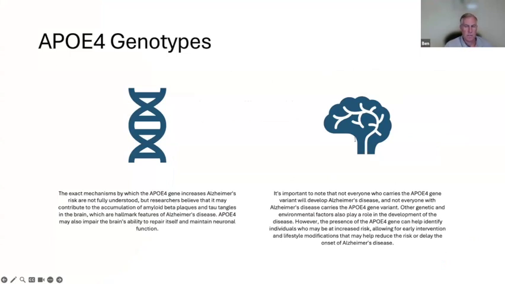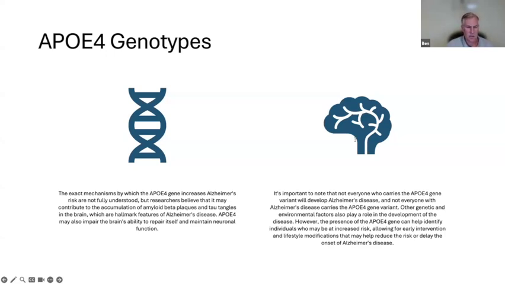So let's talk about this. 25% of people carry 1 copy of APOE4, and 2 to 3% carry 2 copies. APOE4 includes trade-offs. They have strengths and weaknesses because they're hunter-gatherers, and they inherited those genes from that period and continue to persist into the modern era. The highest negative impact is in those with Caucasian and Asian ancestry from the Northern Hemisphere.